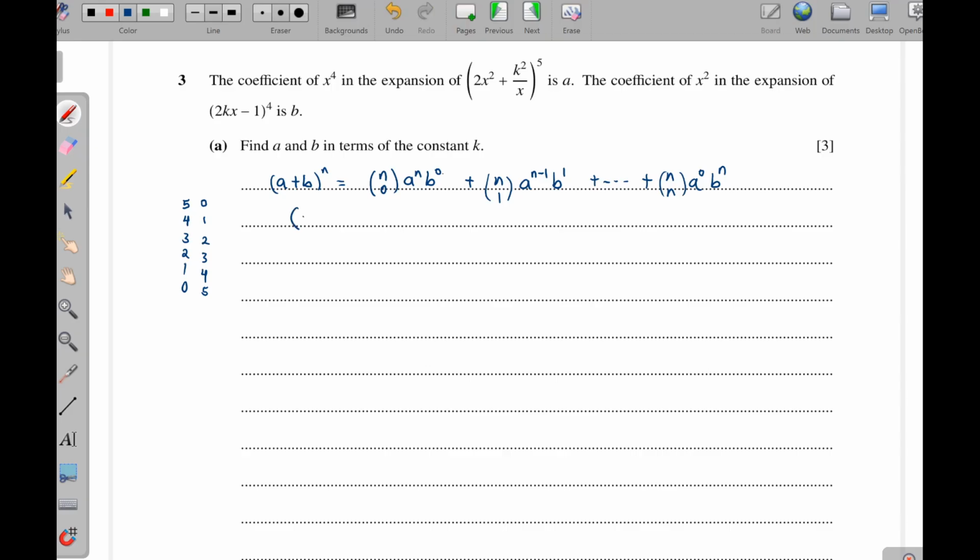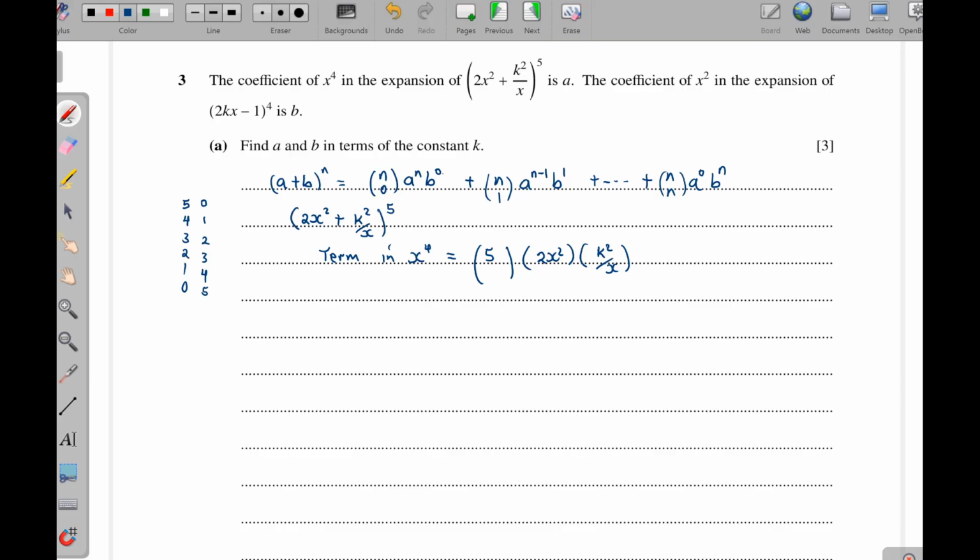So for this one here, 2x squared plus k squared over x, to the power of 5, the term in x power 4 is going to be: I put first of all the 5, then combination something, then I'm going to have 2x squared here, that is now our a, and this is our b, then we shall have k squared over x, and then power something here.